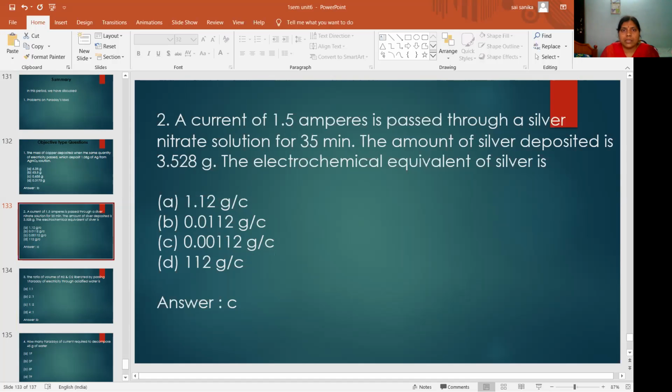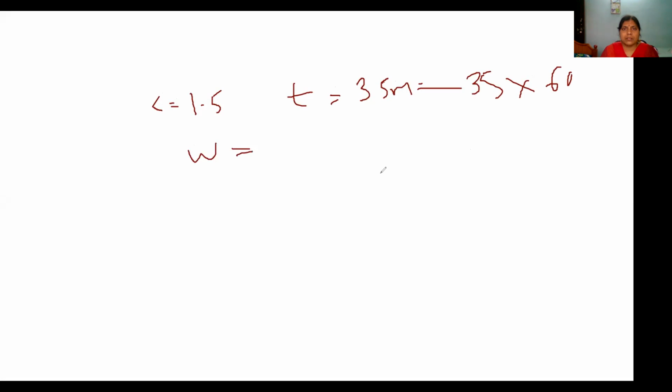We will use the whiteboard. Here current is 1.5, time is 35 minutes, which will be converted into seconds, 35 into 60, and weight is 3.528.